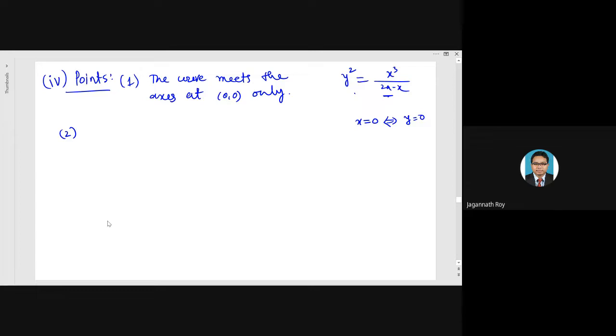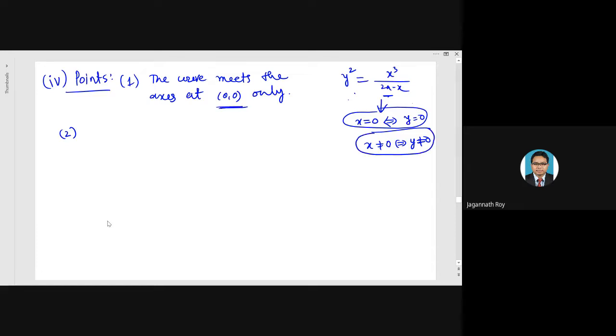If you take any other non-zero value, then you may not get the same situation. If x is non-zero, then y is also non-zero for this function. So only at 0, 0 the curve is matching.